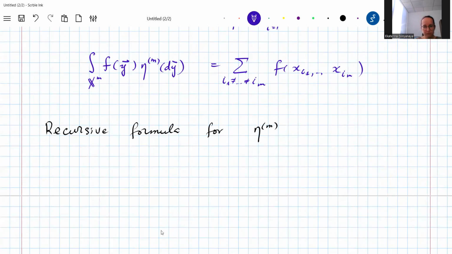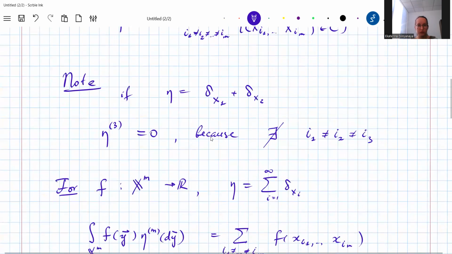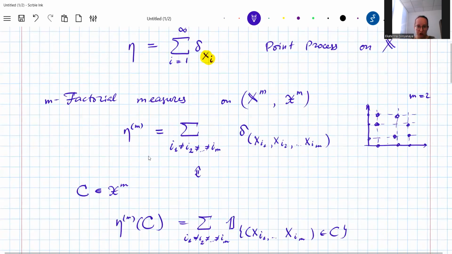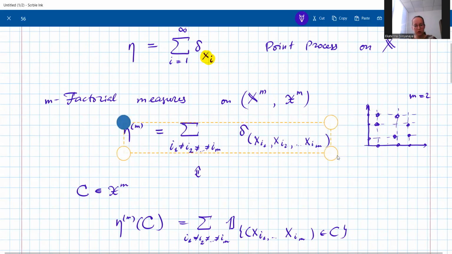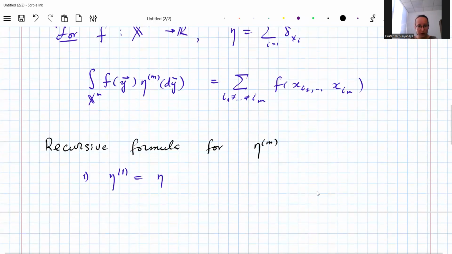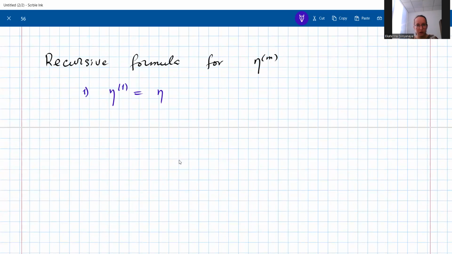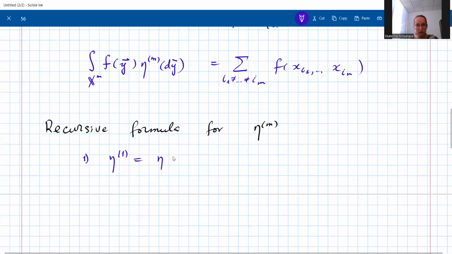First, eta^(1) we define just as eta by itself, because if we want to define factorial measures of such form, we can see that this is just a summation over one index, and this is the measure itself. From this, let us write this form, and using it we will see what kind of recursive equation we can get for the factorial measure itself.